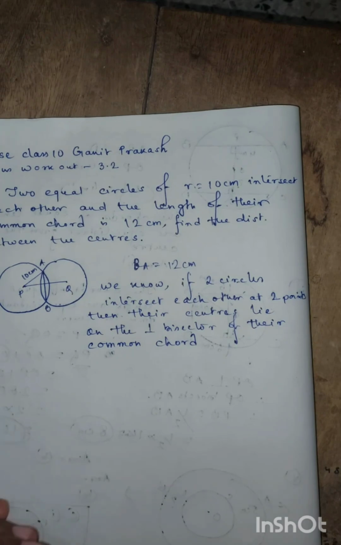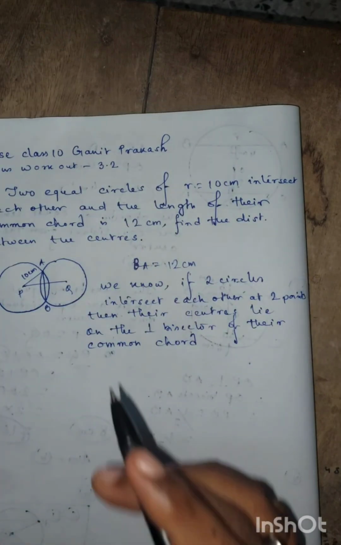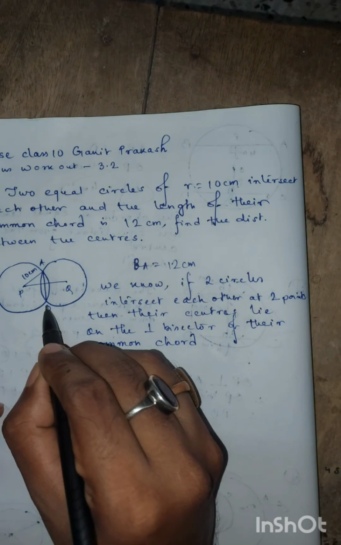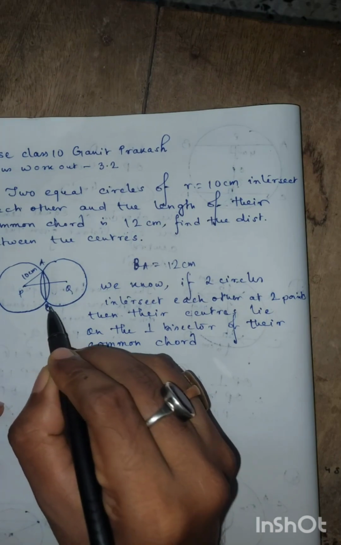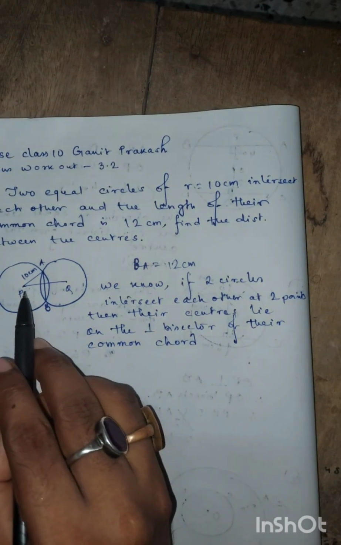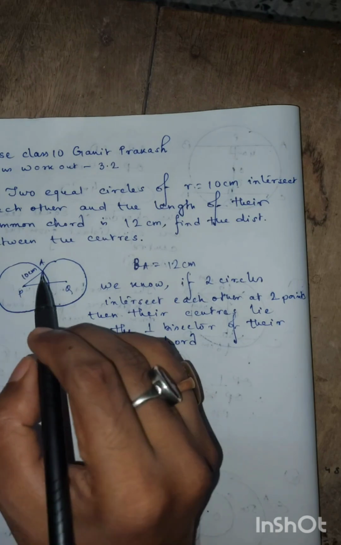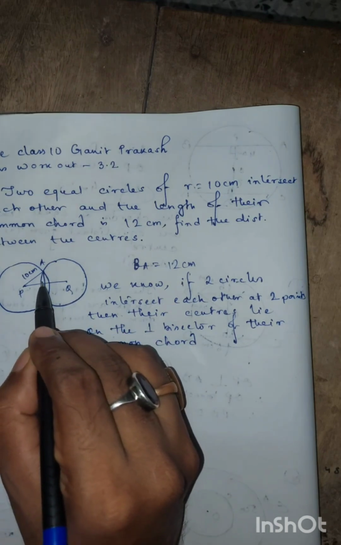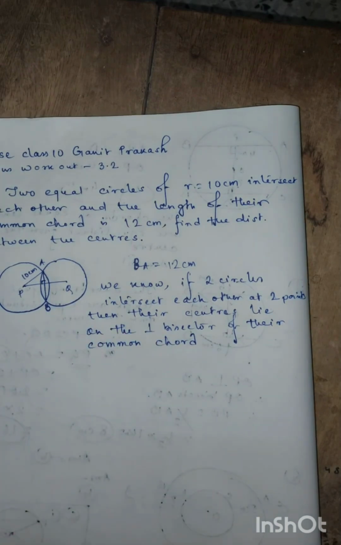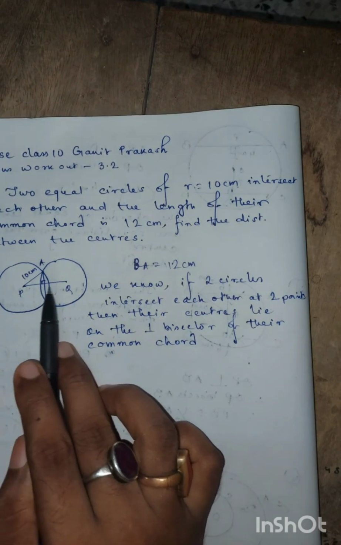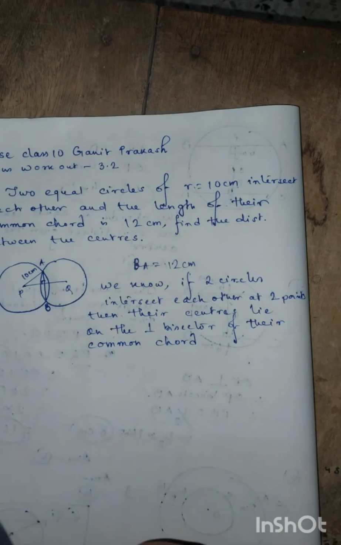So in this case, the common chord is AB, so their centers will lie on the perpendicular bisector. That means this is the perpendicular bisector.